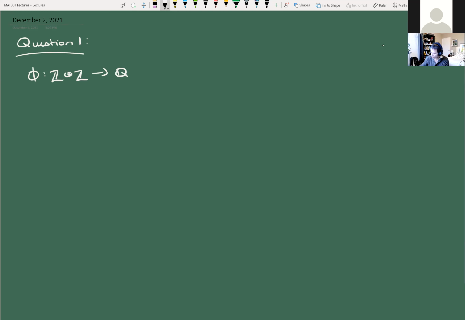We're told that phi of (2,5) is 2/3, and phi of (3,4) is equal to 1/2, and the question, part A, is: what is phi of (0,7)?